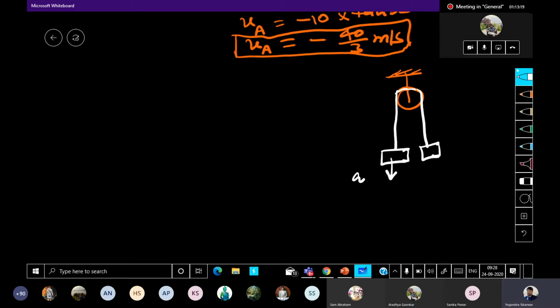So if this is going down by A, we considered that this is going up by A. Remember? That was actually based on constraint. And what was the constraint? That length of string remains constant, total length. So if this end is going down, then this end has to go up.